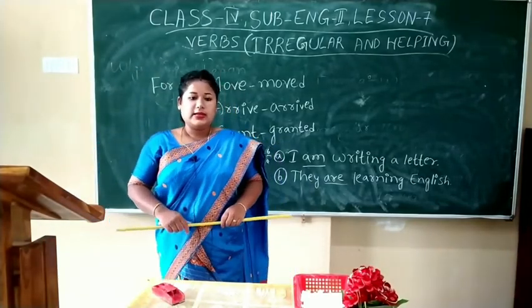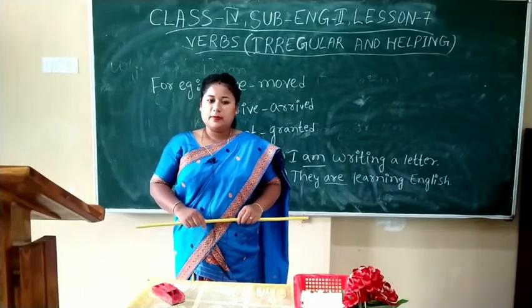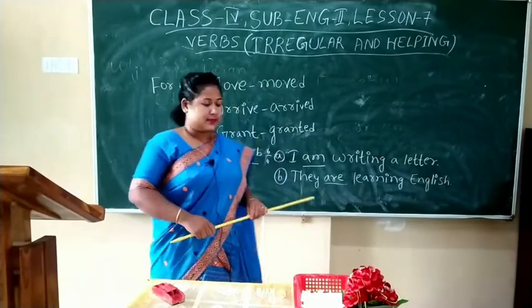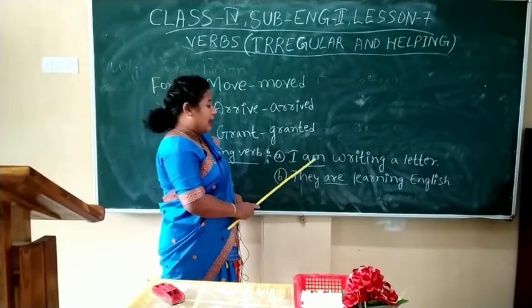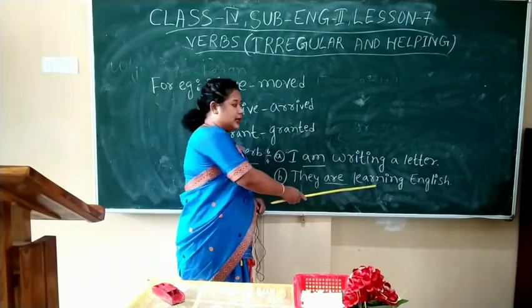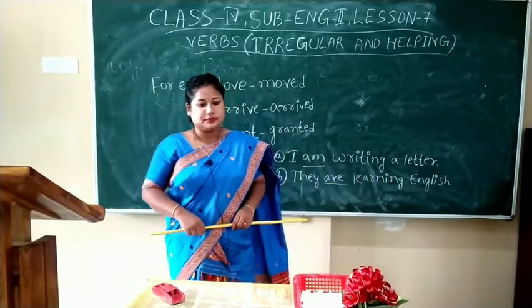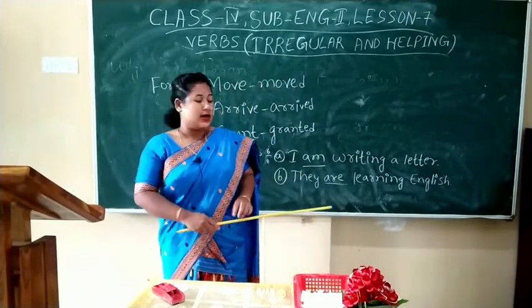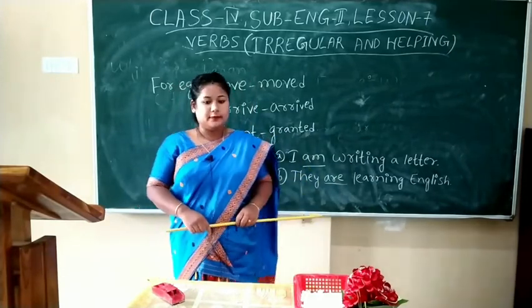So now, let us discuss about helping verbs. Let me start with a few examples. I am writing a letter. They are learning English. In this sentence, am and are are helping verbs.